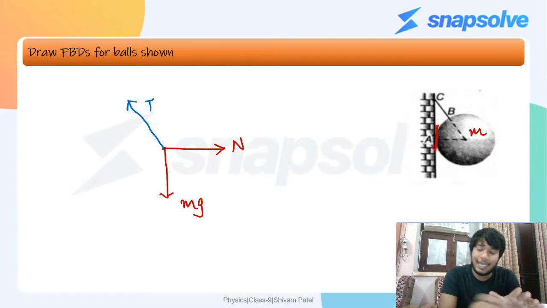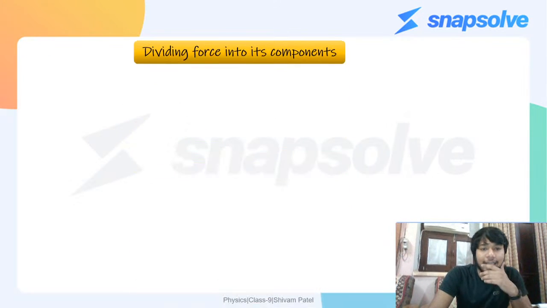If you are trying to find the acceleration in the x direction, resolve the force components in the x direction. If you are trying to find the acceleration in the y direction, resolve the forces in the y direction, and then write F net is equal to ma. Clear? So, okay, things will get clear. But before that, first let's learn about dividing force into its components, right? I have already told you this thing in so many classes.